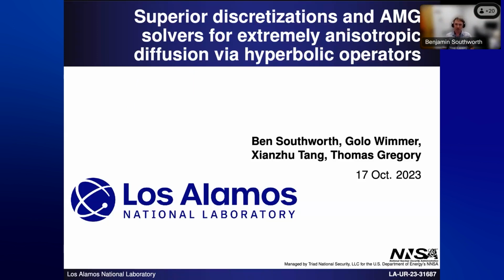And these discretizations and solvers are constructed using principles from hyperbolic operators. This is joint work with Golo Weimer, who's a young staff scientist here in T5 also, and Shanji Tang, who's much more senior and works on magnetic confinement fusion. And then Tom Gregory was a summer student that did some of the results with us.